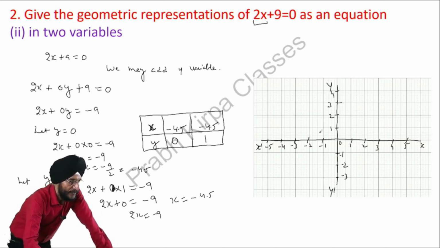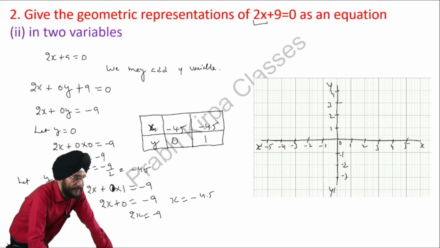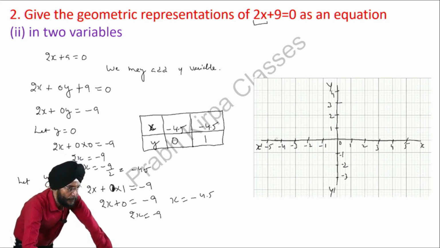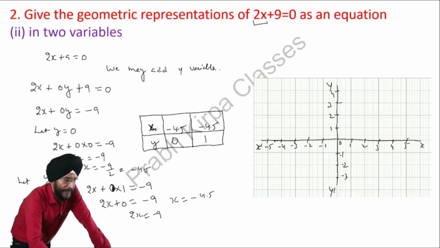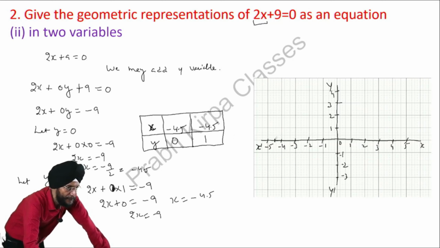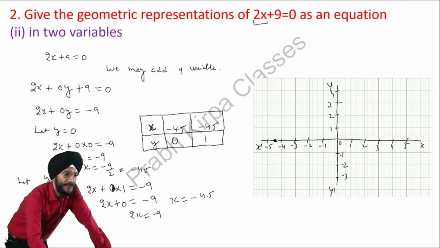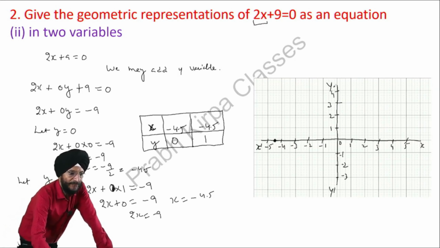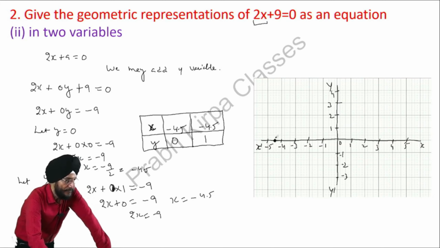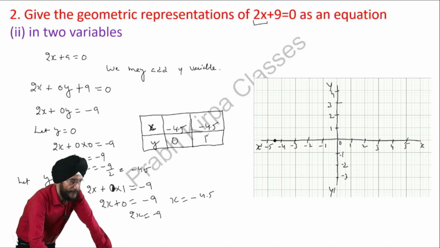Here it is given that the value of x is minus 4.5. Here it is minus 4.5 somewhere here. And y is 0. That is the first point, where the value of x is minus 4.5 and the value of y is 0. Then the next is the value of y is 1 and x is minus 4.5.